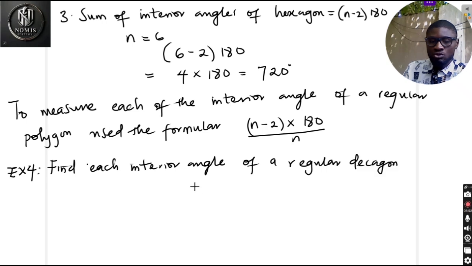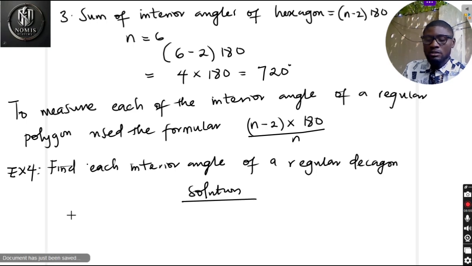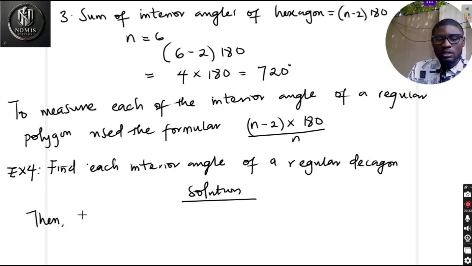Solution. Since a decagon is a polygon with 10 sides, remember? So a decagon is a polygon with 10 sides. Then take n minus 2 multiplied by 180 divided by n.